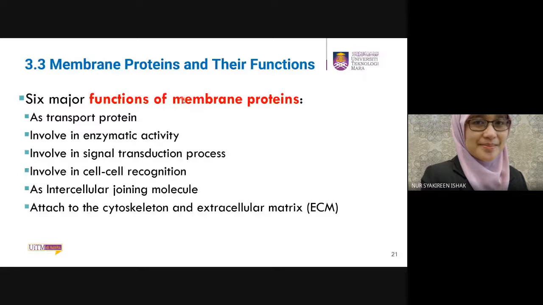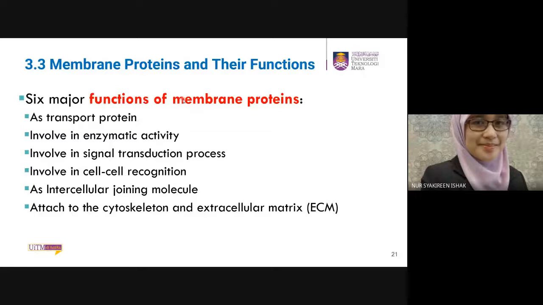insulin. Insulin is a hormone made up of protein, and the function of insulin is to instruct the cell to convert glucose into glycogen.